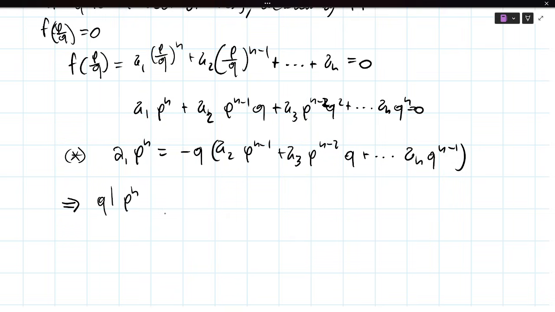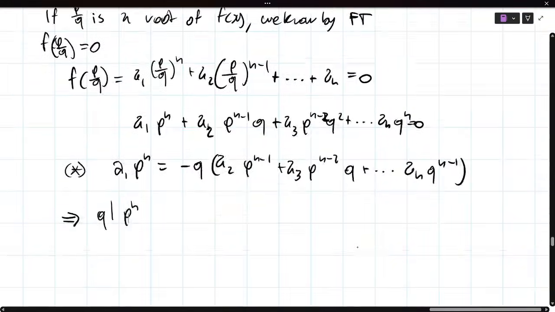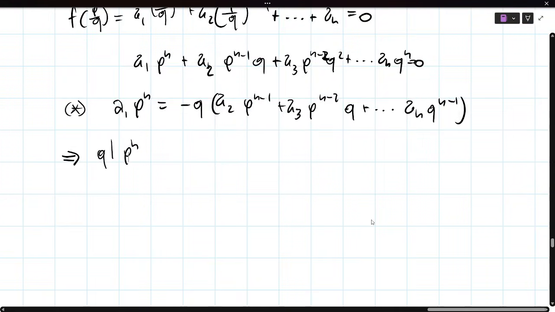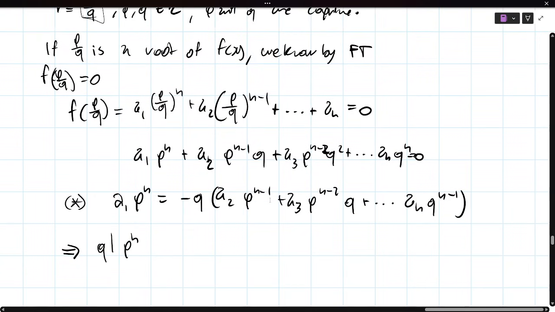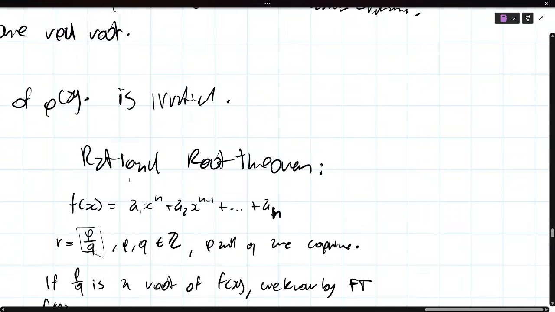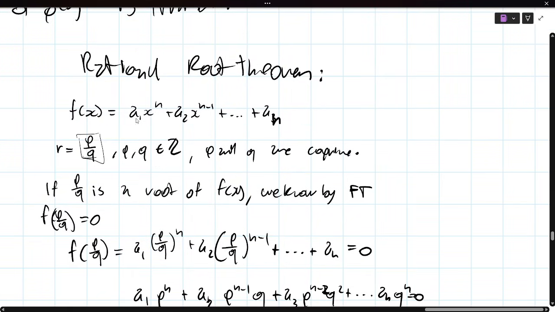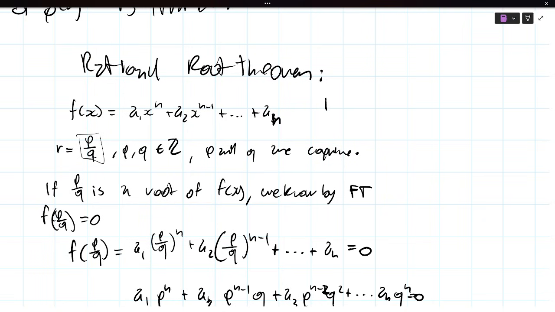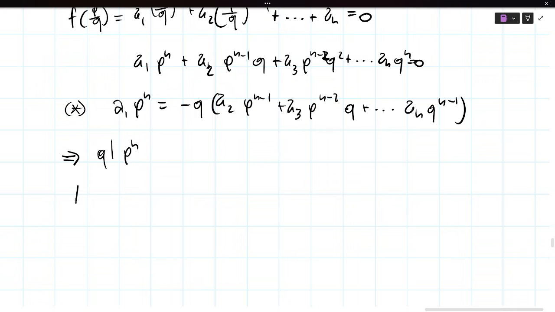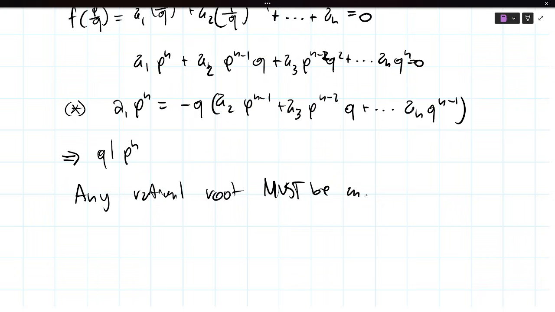That means that the possible roots of my polynomial, if it has coefficient 1 on my highest degree term, so if a1 is 1, then any rational root must be an integer, and that's very important.